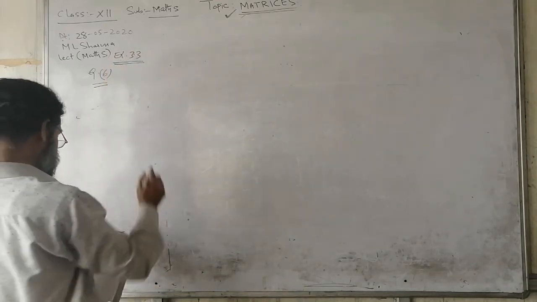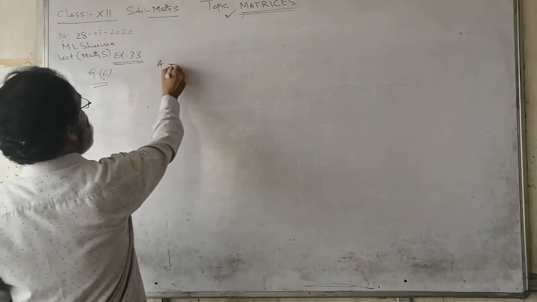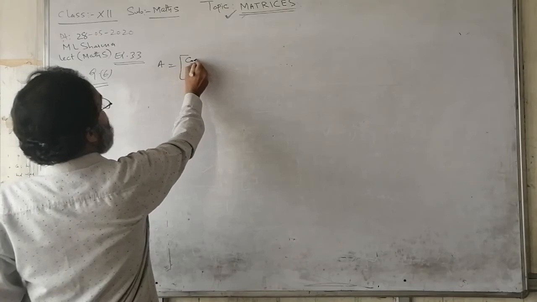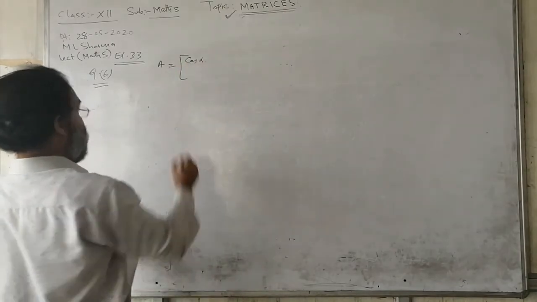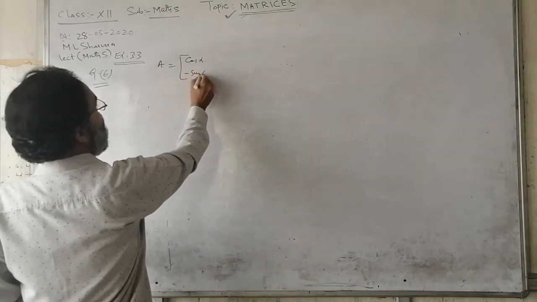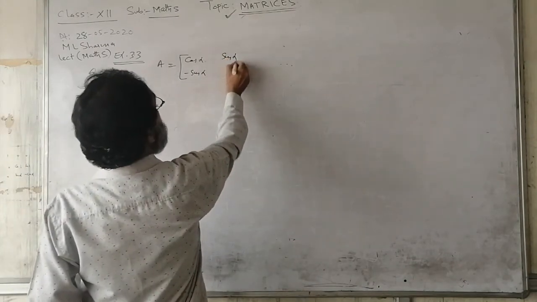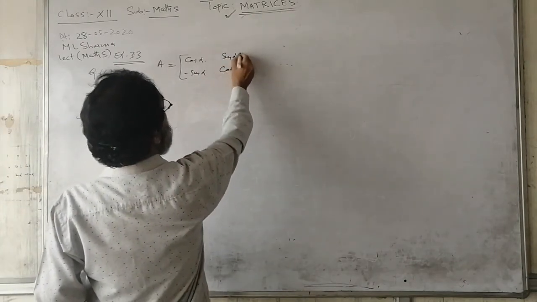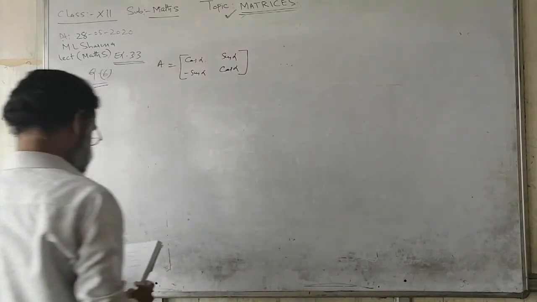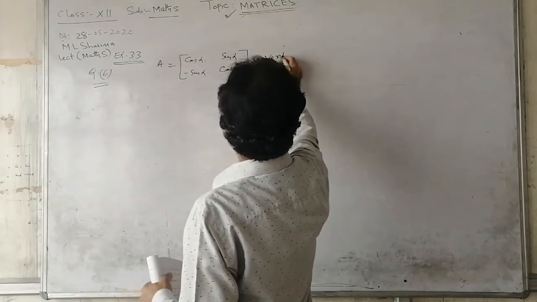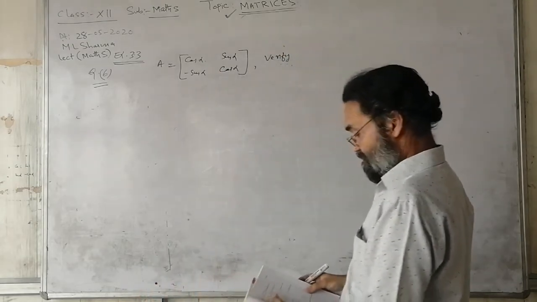It says if A is equal to the matrix with elements cos alpha, minus sin alpha, then sin alpha, cos alpha. It is a 2 by 2 matrix. You have to verify the result.